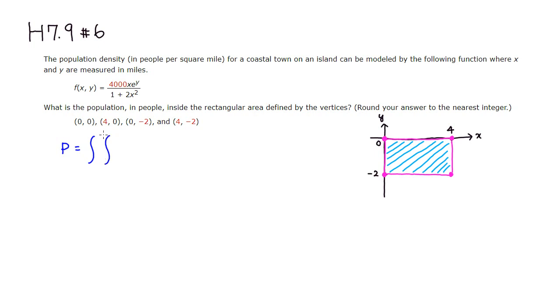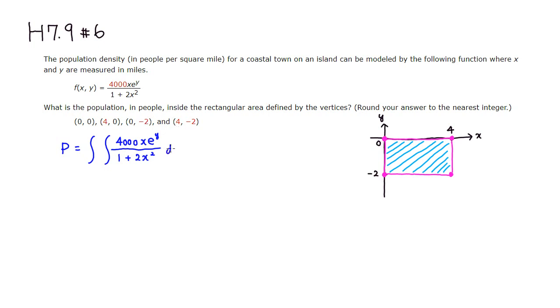The population density function is 4,000 x times e to the y over 1 plus 2x squared. We can do it with respect to x or with respect to y. It really doesn't matter.